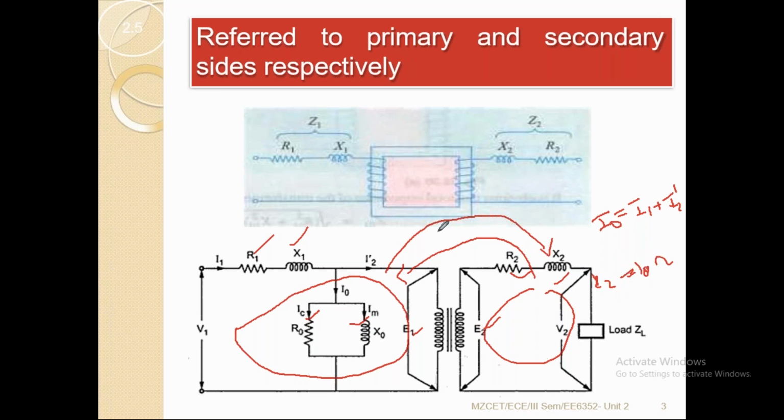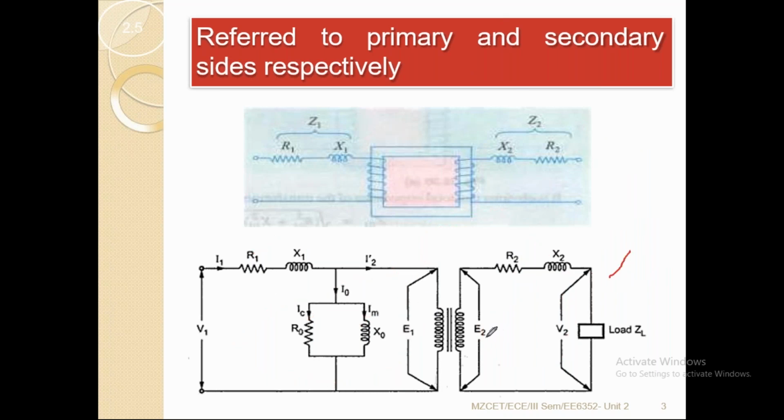Why? Because when going from secondary to primary or primary to secondary, the transformation ratio is involved, in terms of the number of turns. So while shifting these parameters, the transformation ratio is involved. Let me see that one by one.